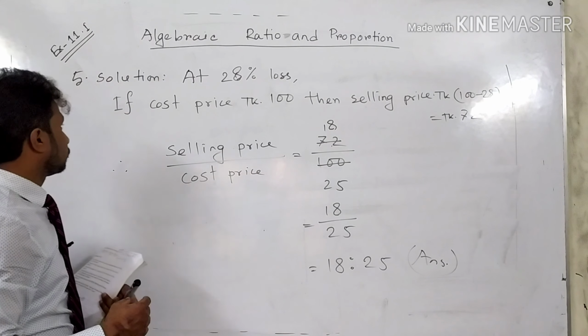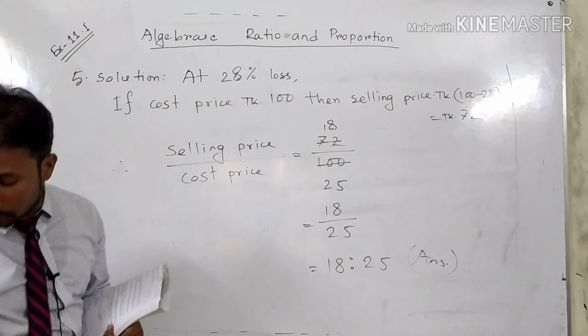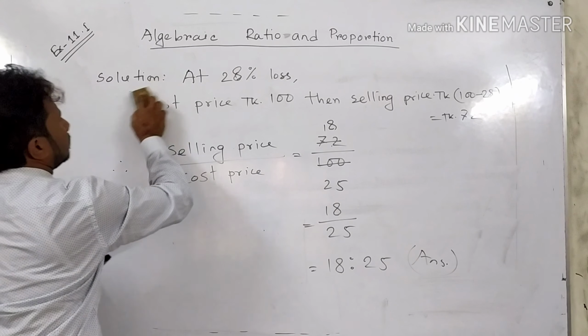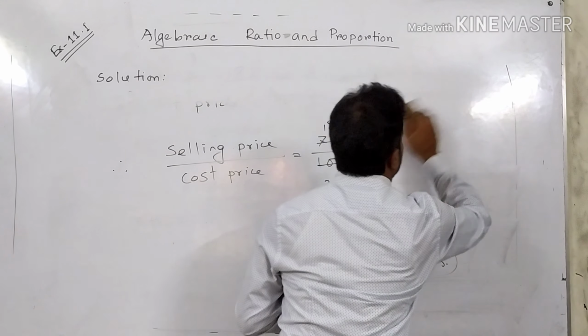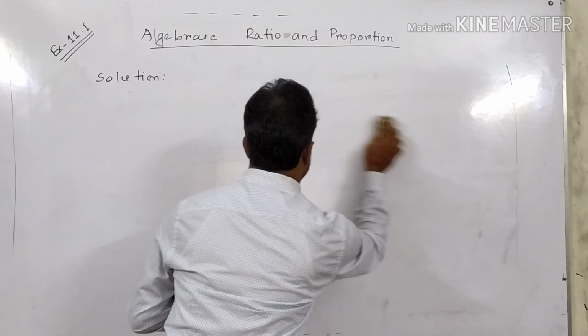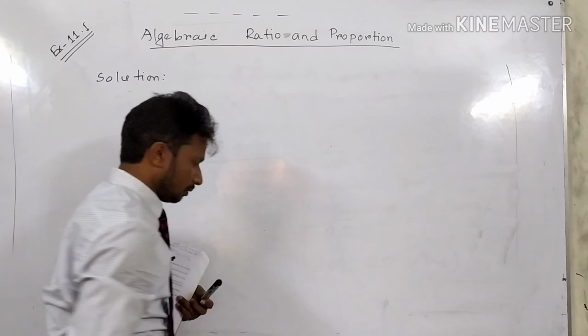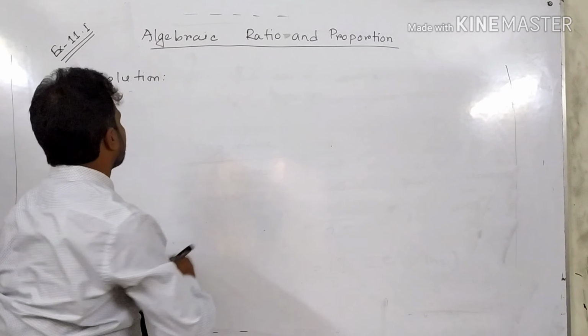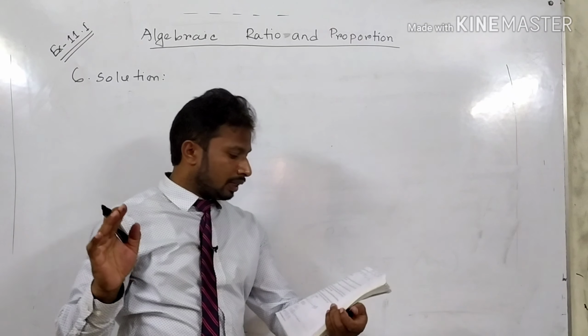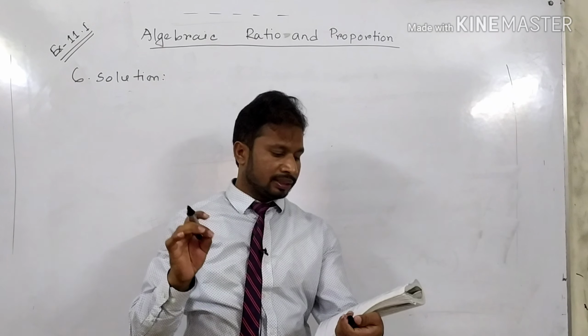Question number 6. These maths are very easy to understand. Sum of the ages of father and son is 70 years.